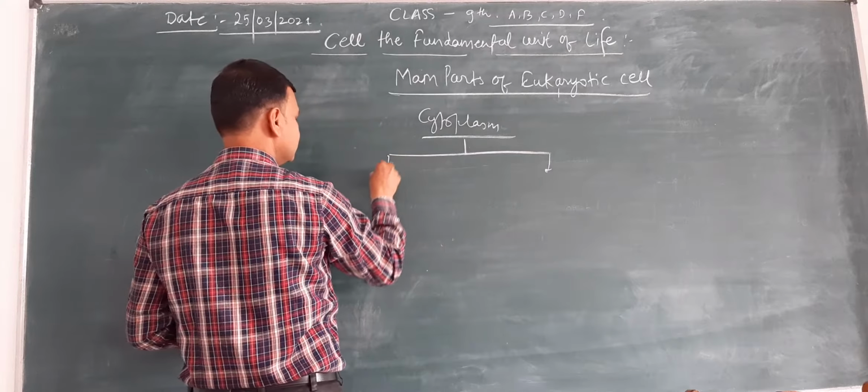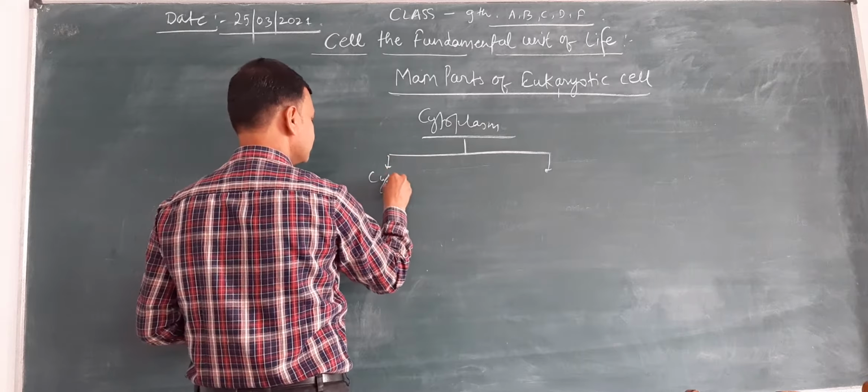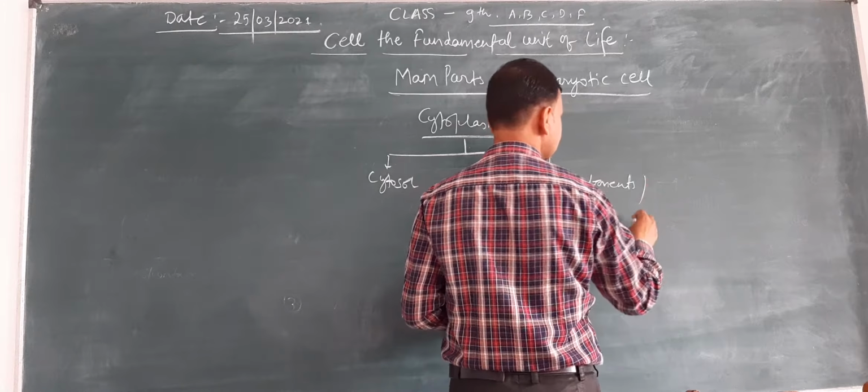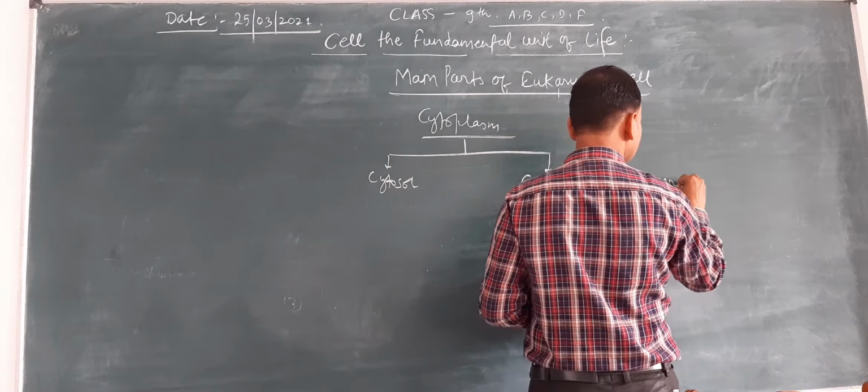One is a liquid part called cytosol, and along with that there are some cell components, also called cell organelles. And which are the organelles? Common examples are, one, the endoplasmic reticulum, which is called ER. Next one is the Golgi bodies.